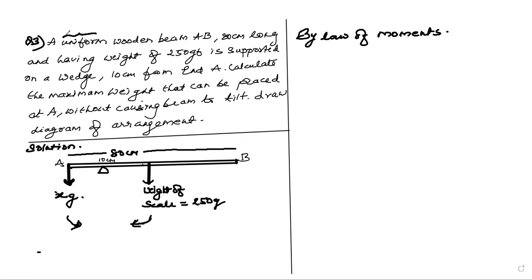When they use the word uniform, you should understand the whole weight of the wooden beam is at its center. Since it's 80 centimeter long, the center will be at the 40 centimeter mark. That means the whole weight of the beam is at the 40 centimeter mark, so it is 250 gf.